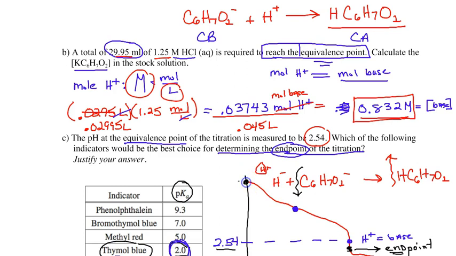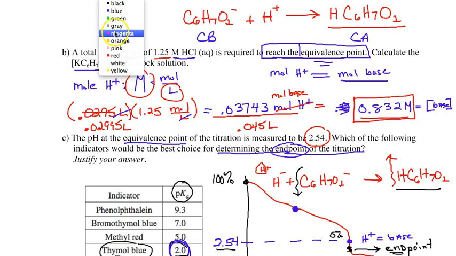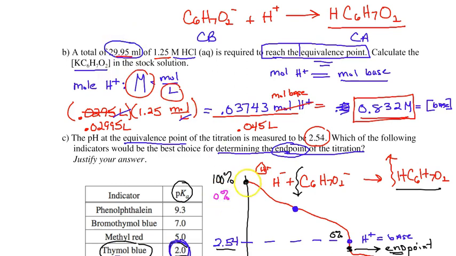This point represents 100% conjugate base. This point at the equivalence point is 0%. You've driven it all the way to this. And if we do another color, magenta, in the beginning you have 0% conjugate acid, this guy right here.